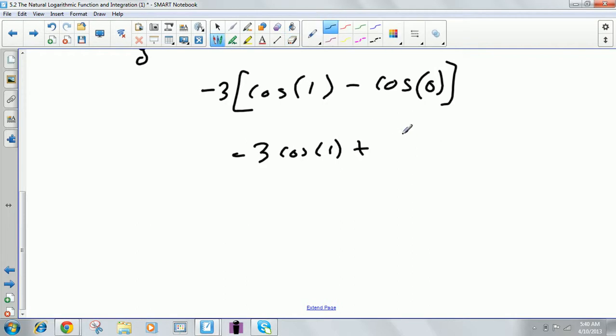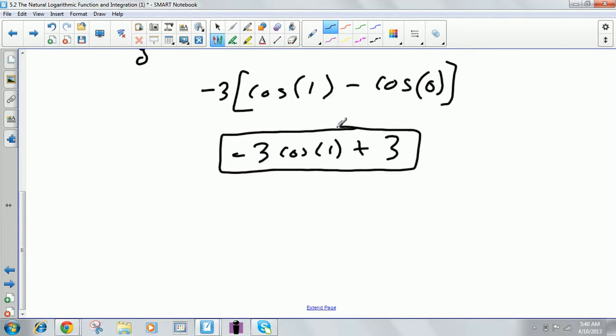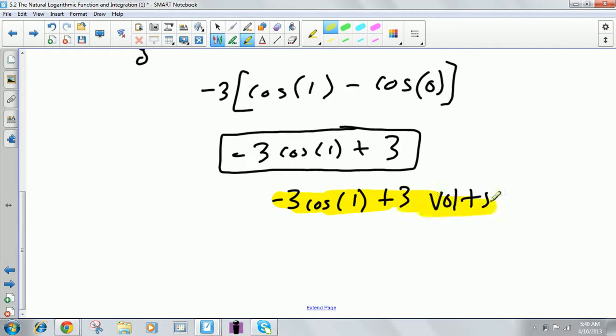Because the cosine of 0 is 1, so that'd be 3 times 1. And then whatever this value is would be your final answer. And we're going to answer that in volts. It might make more sense to find that, but I don't have a calculator in front of me, so I'm just going to label this as volts. There we go. And so that'll be our final answer there.